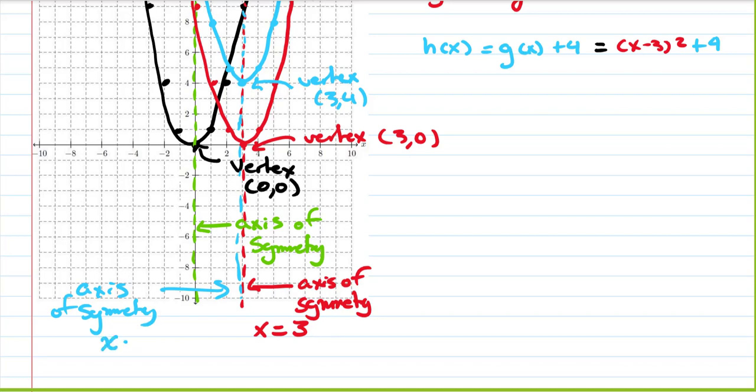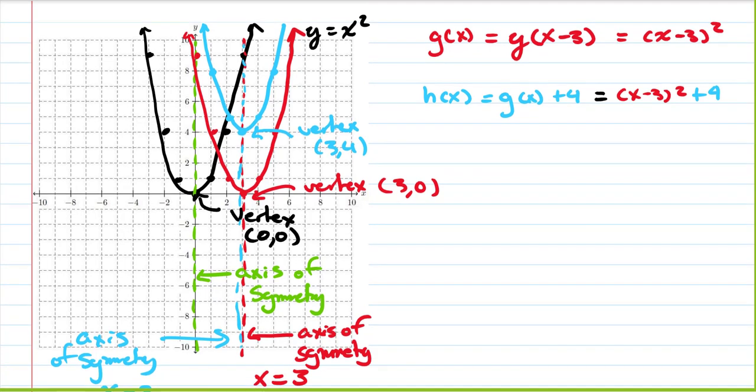And it's still x equals 3, because moving the graph up and down only changes the y, not the x. So our axis of symmetry would be in the same place. So the only translation that we haven't done is stretching and shrinking, and we'll talk a little bit about those later.